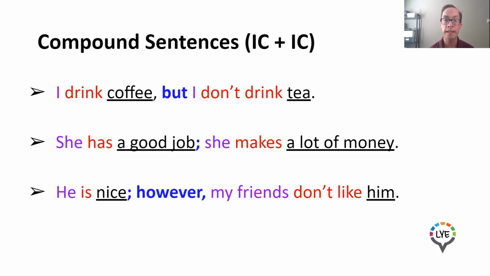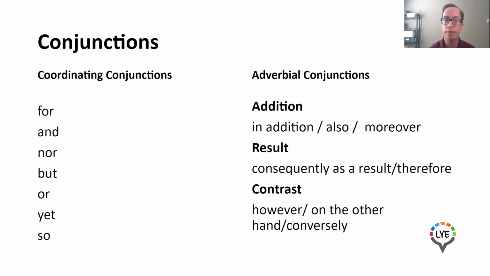So it has two simple sentences that are connected in the middle. And these are connected by either a coordinating conjunction, also known as the fanboys, or an adverbial conjunction, which is shown here with however. So let's break this down even further.